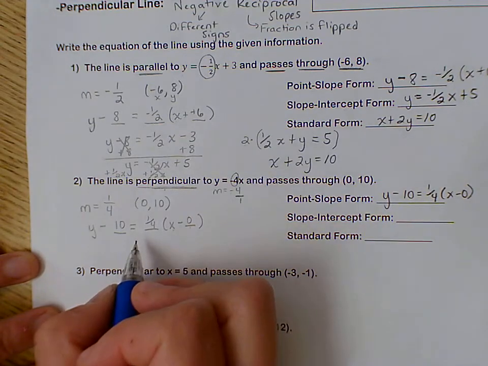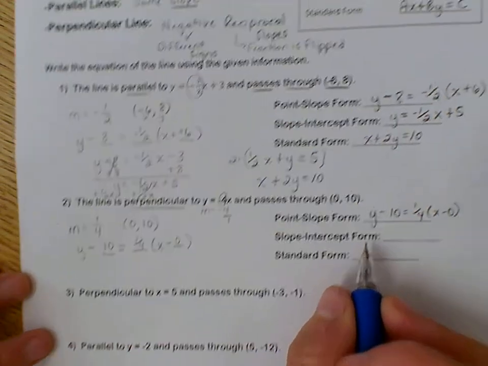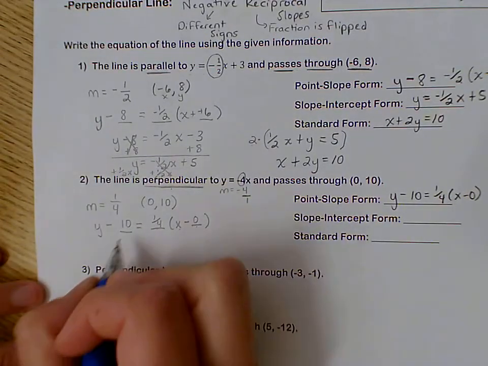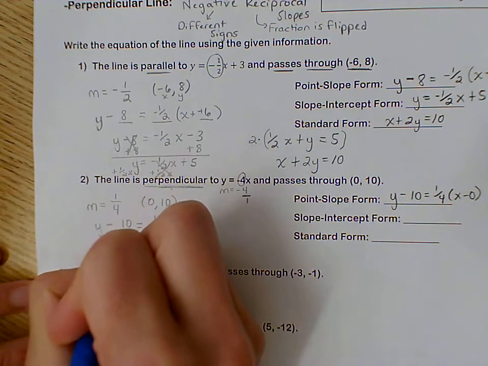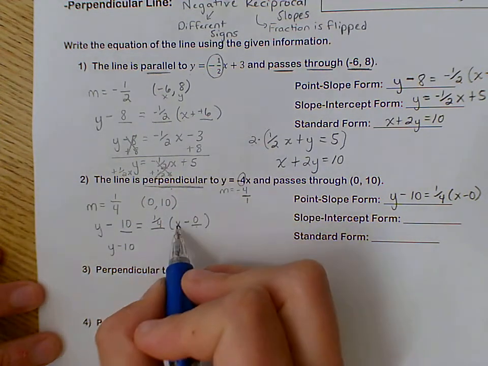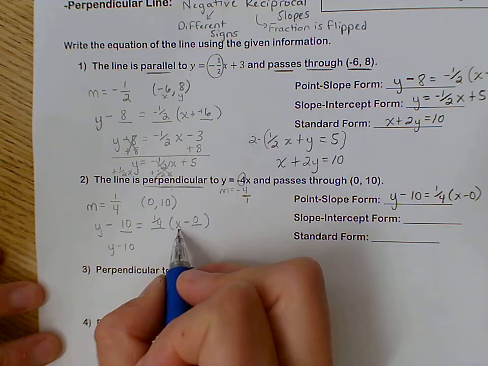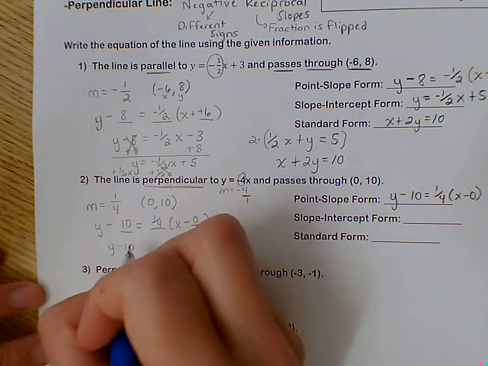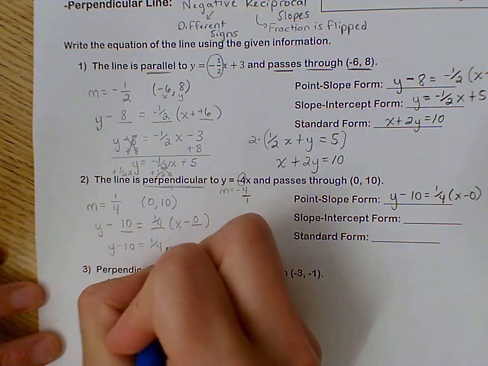To put it in slope intercept form, like we talked about up here, you've got to get the y by itself. So I've got to do a little simplifying. Okay, so I'm going to bring down my y minus 10. Typically, I would distribute my 1/4, but notice x minus 0 is just x. So on this side, you just end up with 1/4 x.